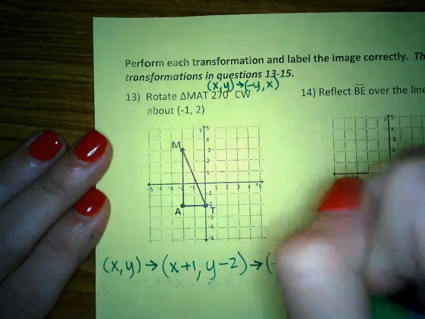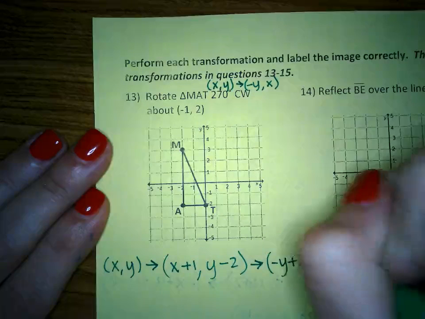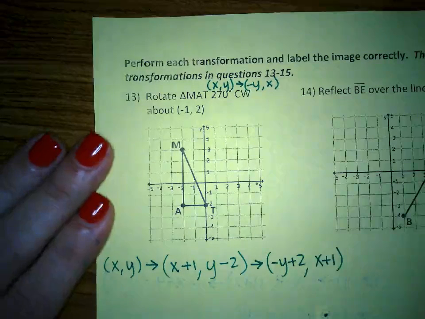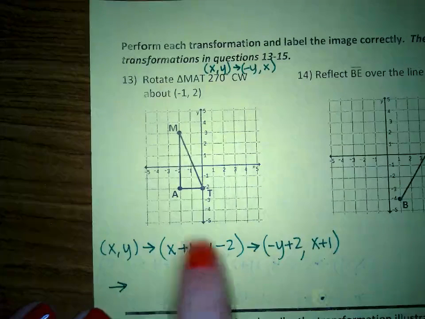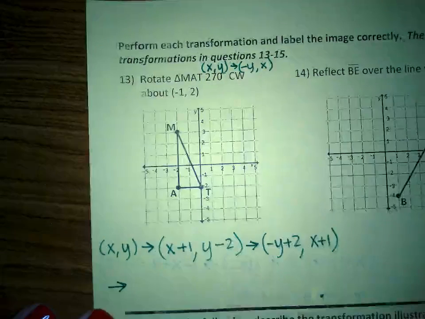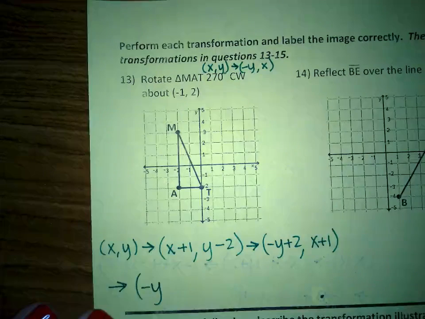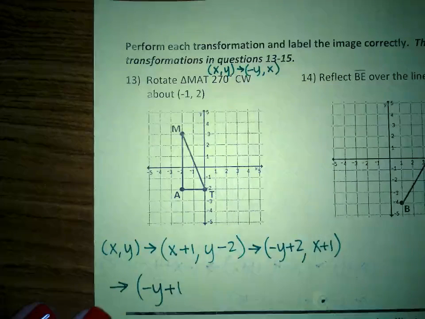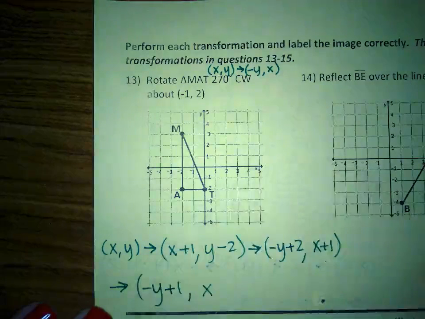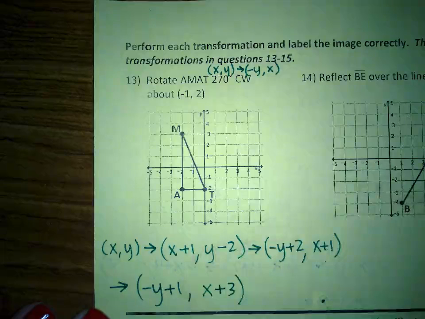So that's going to become negative y plus 2, comma, and nothing happens to that next coordinate. All right, last but not least, you need to undo your original translation. So we're going to subtract 1 and add 2. So if I subtract 1, that will be just plus 1. And if I add 2, that'll become a plus 3.